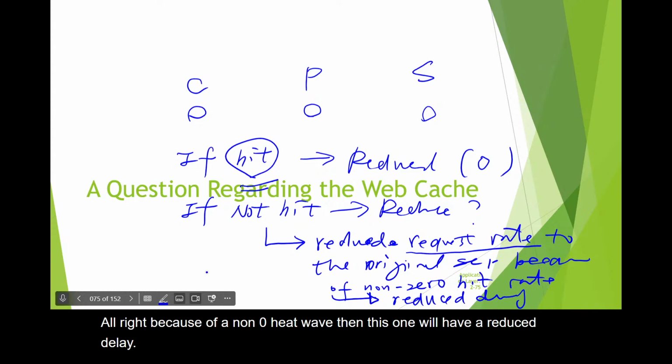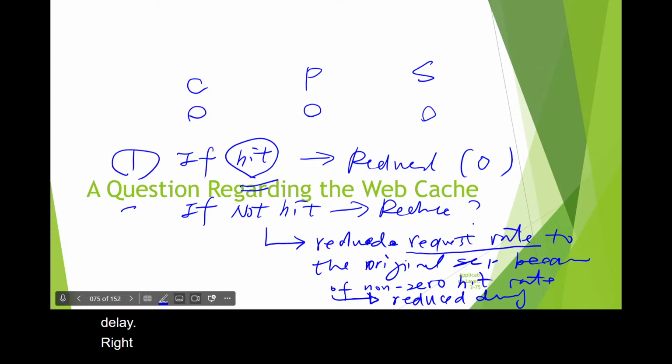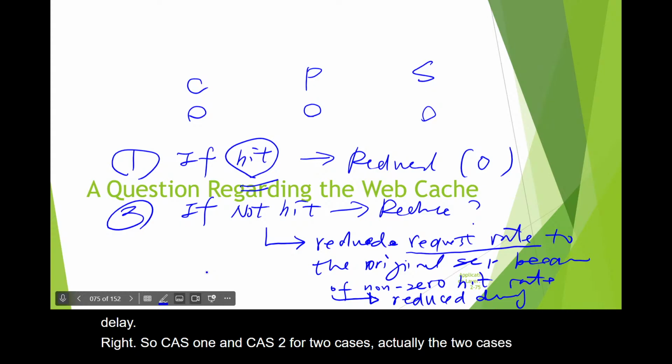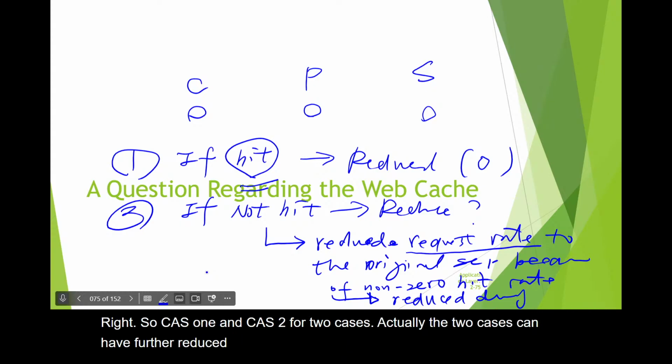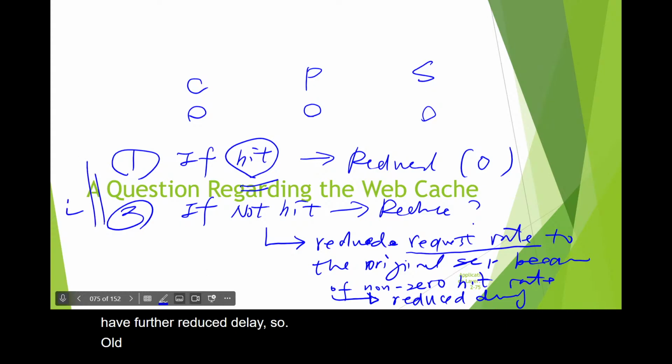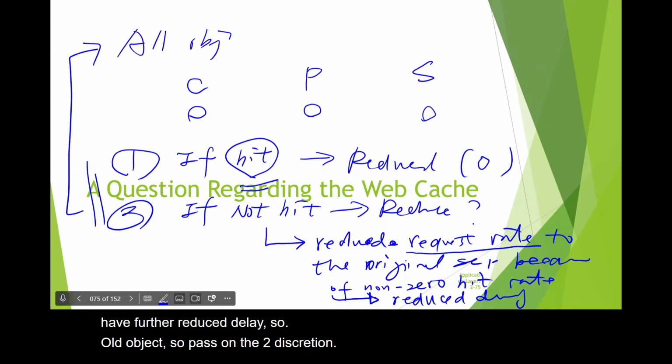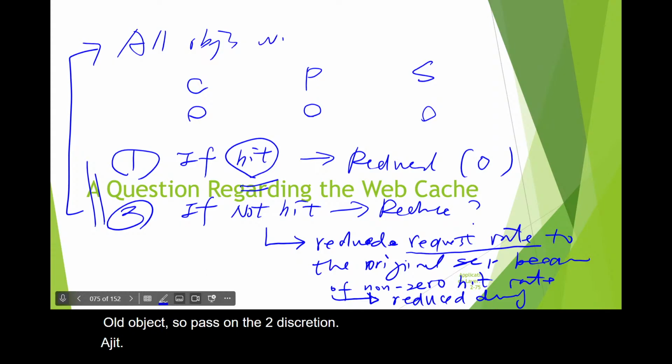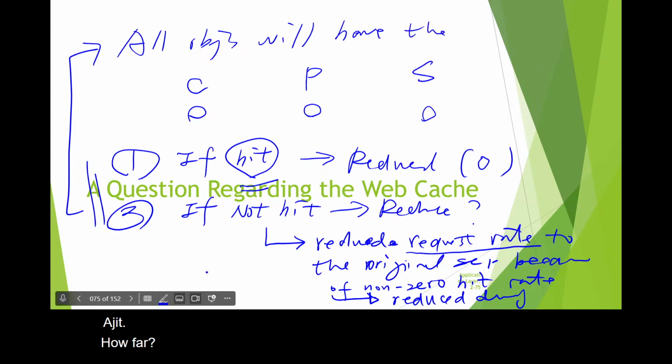Right? So case 1 and case 2. For two cases, actually, the two cases can have the reduced delay. So based on the two descriptions, all objects will have the reduced delay.